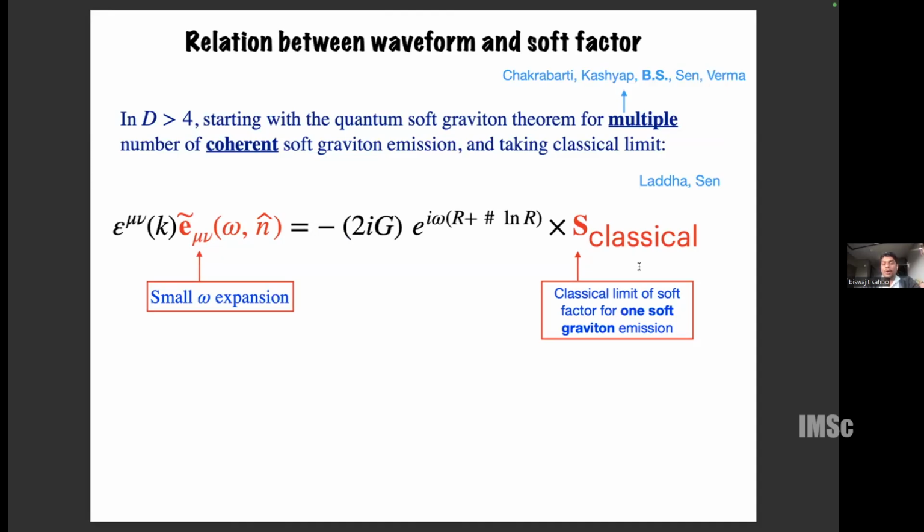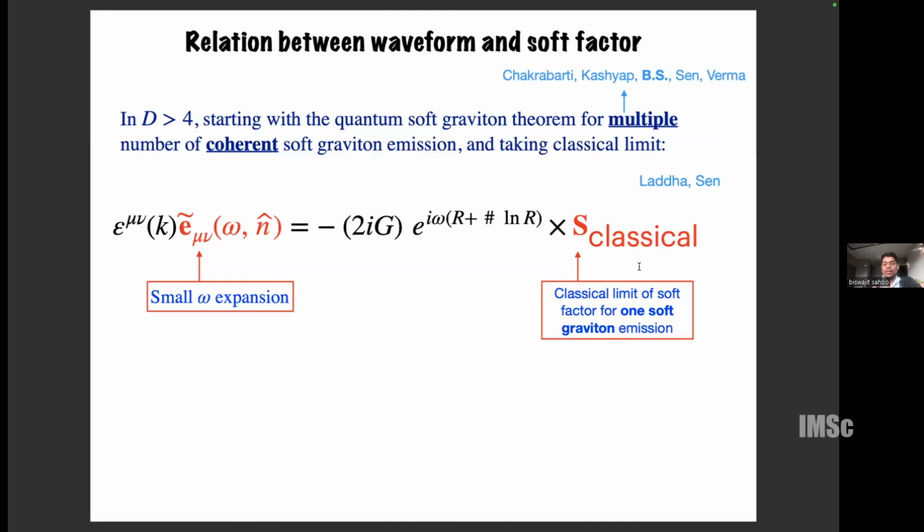If you do that and compute, for example, the energy flux for such a quantum mechanical scattering event, then take the classical limit and find the energy flux of the graviton emission, and then independently compute the energy flux knowing the waveform and compare, what you will find, up to some undetermined phase, is that the frequency space gravitational waveform contracted with the polarization tensor turns out to be proportional to the soft factor, which we derived from the quantum S matrix, and this is only the soft factor for a single soft graviton emission and its classical limit.